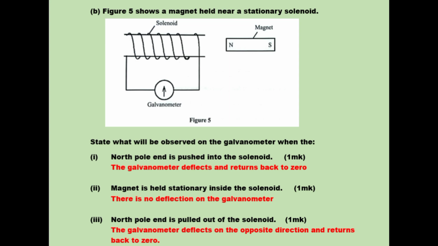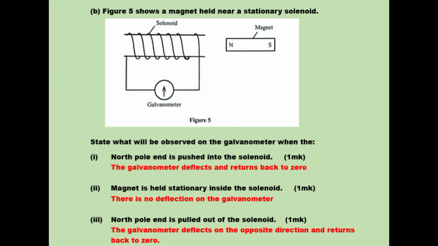Question C. Explain what would be observed if the north pole of the magnet is now moved into the solenoid at a higher speed. The keyword is higher speed.